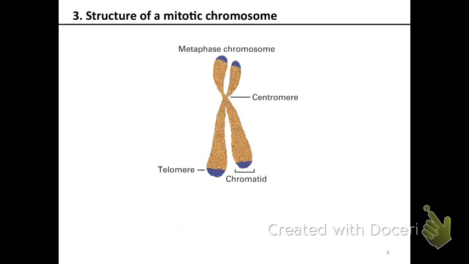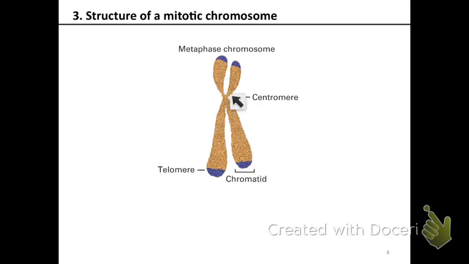All right, what does a mitotic chromosome look like? Let me give you the features of the metaphase chromosome. Metaphase is the stage of mitosis where the chromosomes are in their most condensed state. So metaphase chromosomes look like this in a eukaryote, and it has an X shape. The ends of the chromosomes are called the telomeres.